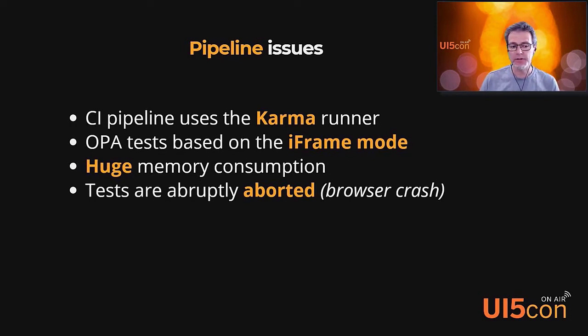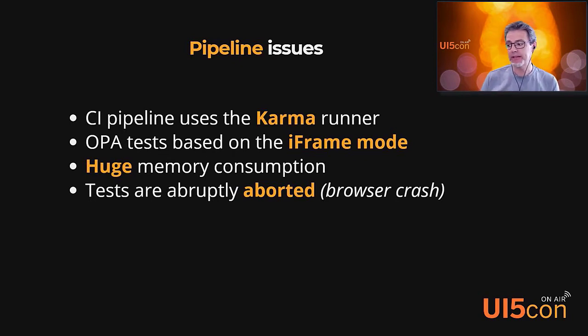In particular, the continuous integration pipeline started to fail with the Karma runner. Because I'm very familiar with OPA testing, my pyramid of tests is a little bit skewed. My unit tests are very small, and usually my OPA tests are very big. And we use extensively the iframe mode when running the OPA tests, so this already generates a huge memory consumption.